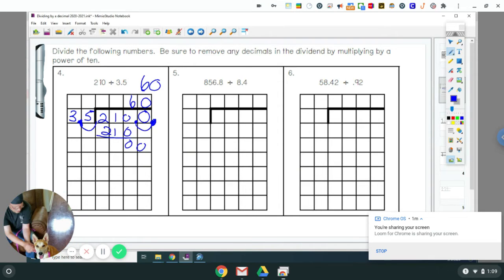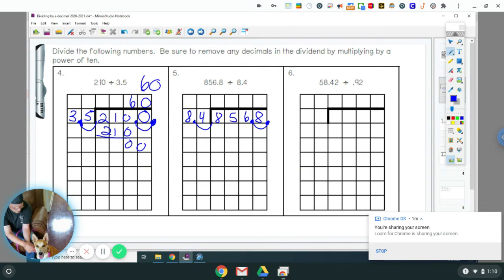Okay, so let's try this next one. The next one is both decimals. So you're going to have 8.4 on the outside and 856.8 on the inside. You can have a decimal on the outside, so you're going to have to move this once. What you do on the outside, you do on the inside, so you have to move this once as well. And that's it. Now all you're doing is dividing 84 into 8,568.